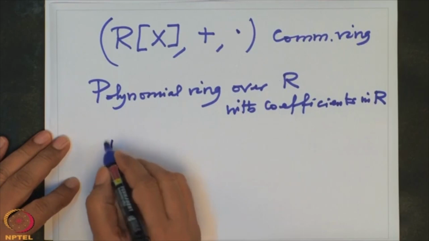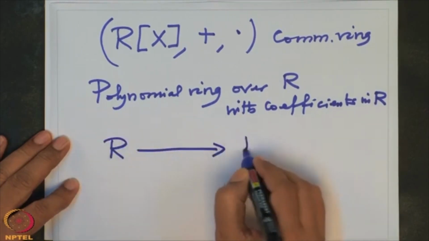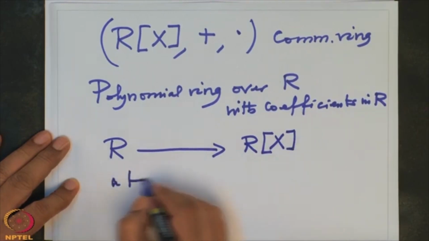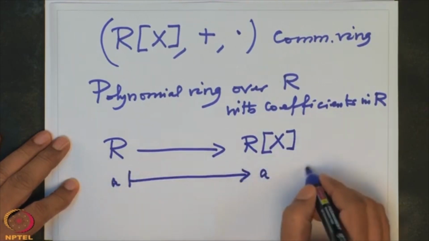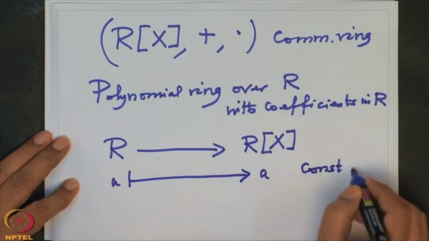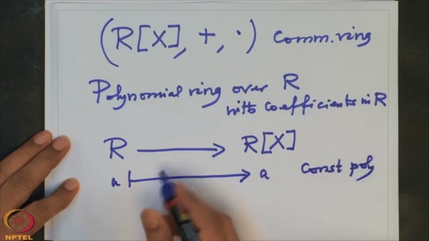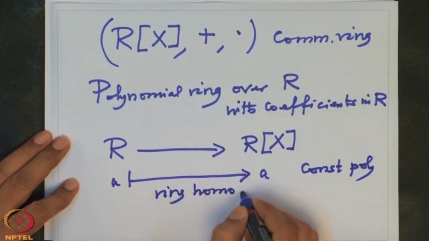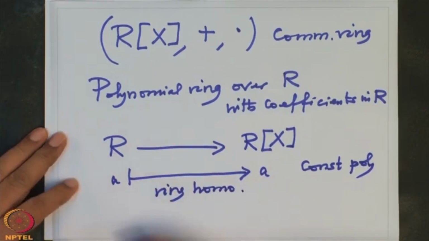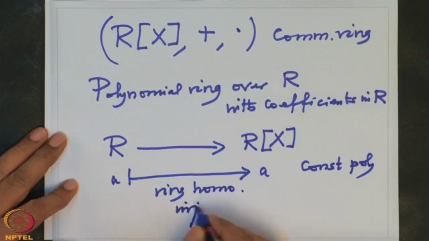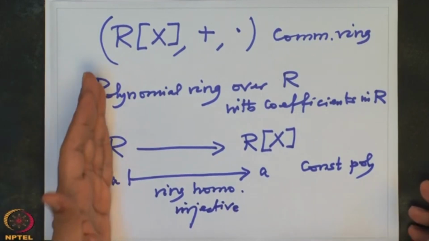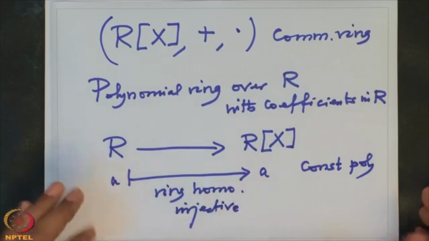And we have the natural map from R to R[x], namely a going to a. These are called the constant polynomials, and this is a ring homomorphism. Not only an arbitrary ring homomorphism, but this ring homomorphism is injective. That means it is injective as a map, that means different elements go to different images.